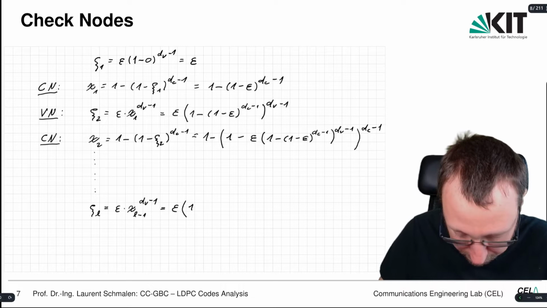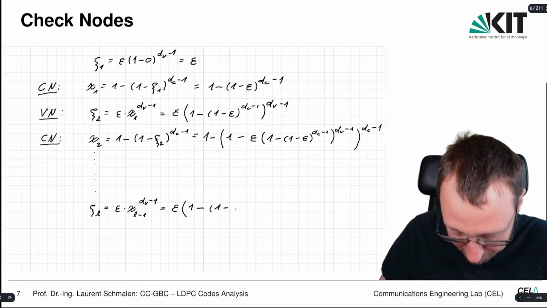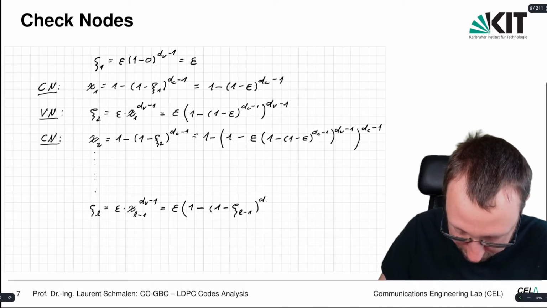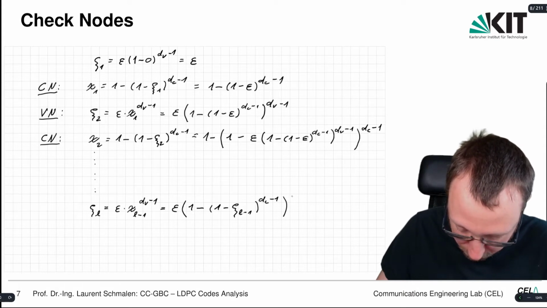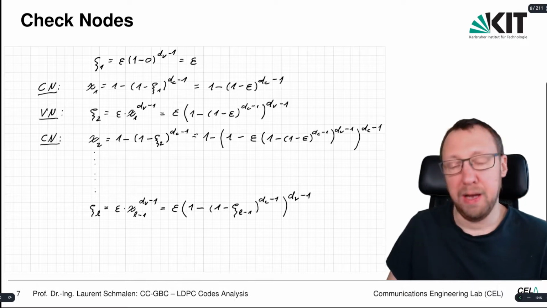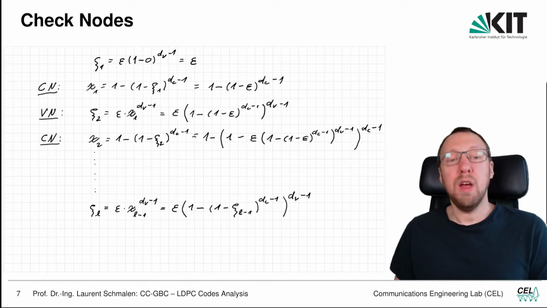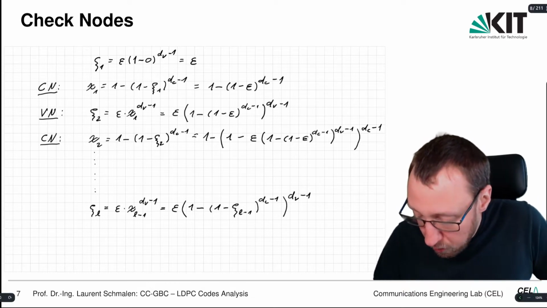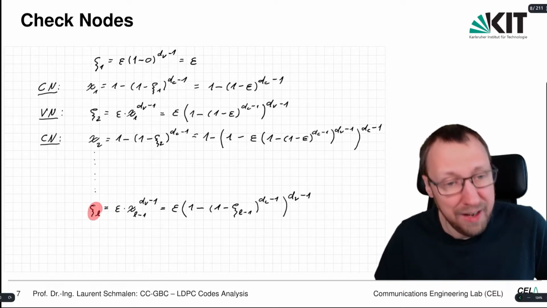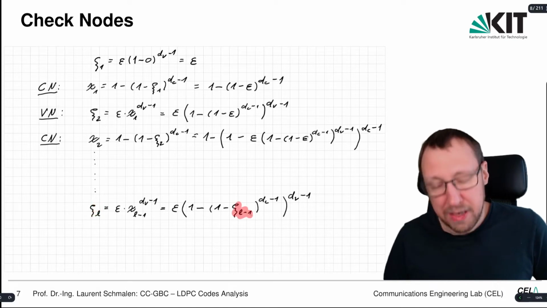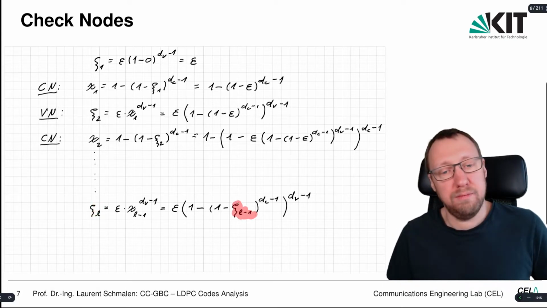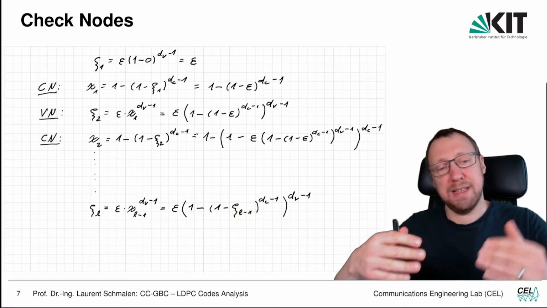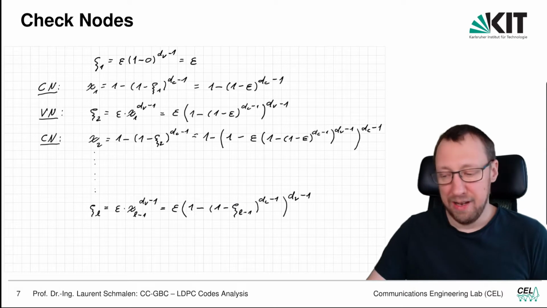So this is (1 minus (1 minus xi L minus 1) to the power dc minus 1) to the power dv minus 1. So essentially we have an iterative update equation. We can describe xiL as a function of xi L minus 1. This is an update equation, so we can iteratively evaluate and see how xiL evolves.